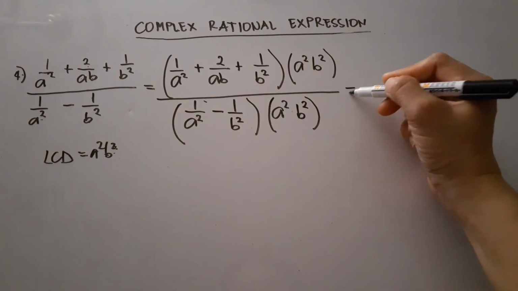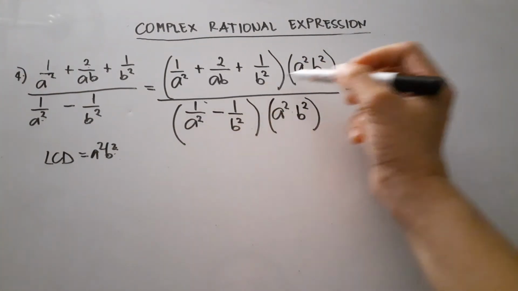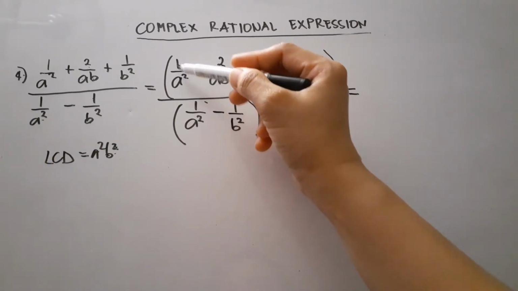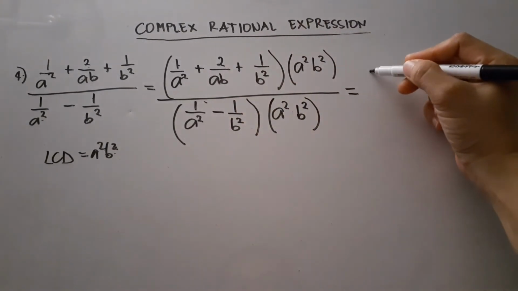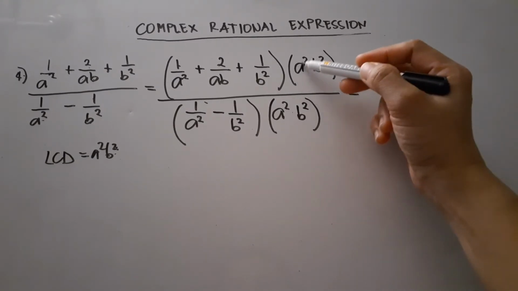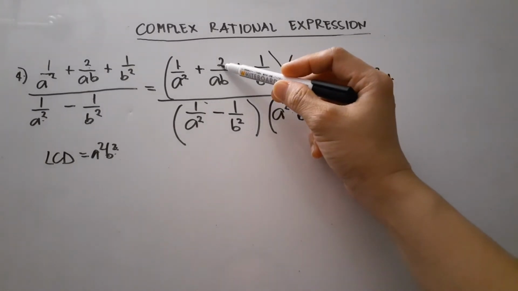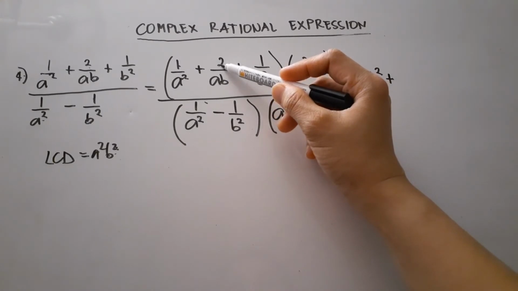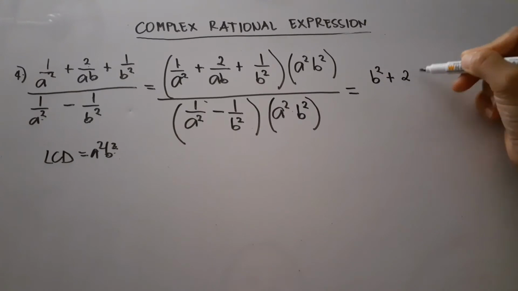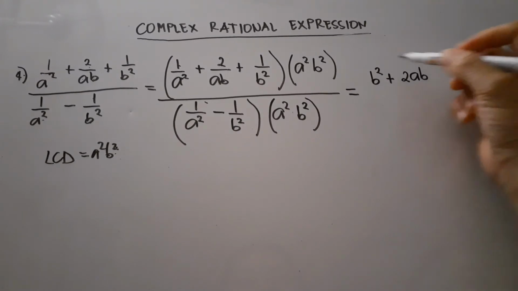So we multiply each by the first fractions. So we have a squared b squared times 1 becomes a squared b squared divided by a squared. The remaining is b squared. Positive a squared b squared multiplied by 2 becomes 2 a squared b squared divided by ab becomes 2ab.